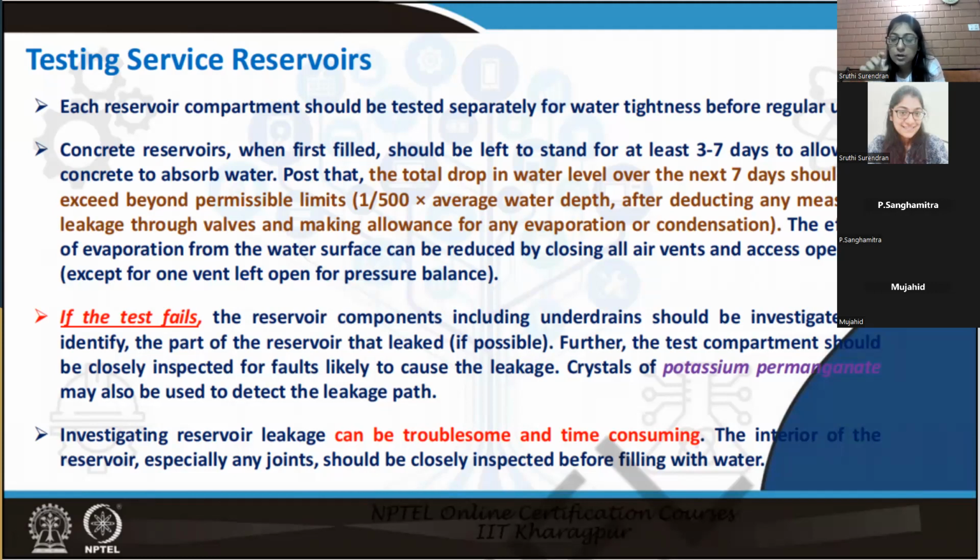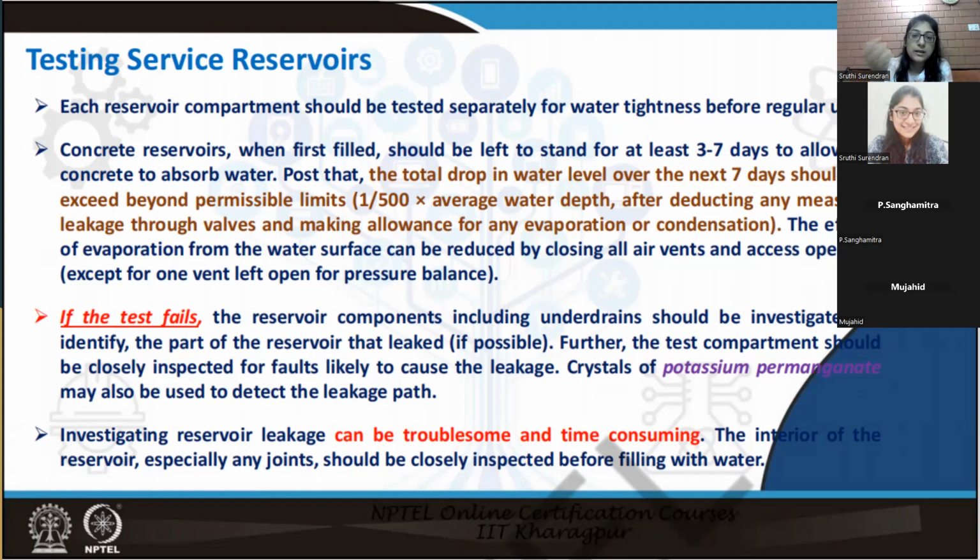The total drop of water has to be measured, and that drop should not exceed 1/500 of the average water depth, after accounting for any leakages and allowance for evaporation. Whatever depth is measured should not go beyond this 1/500 of the average water depth in the tank.